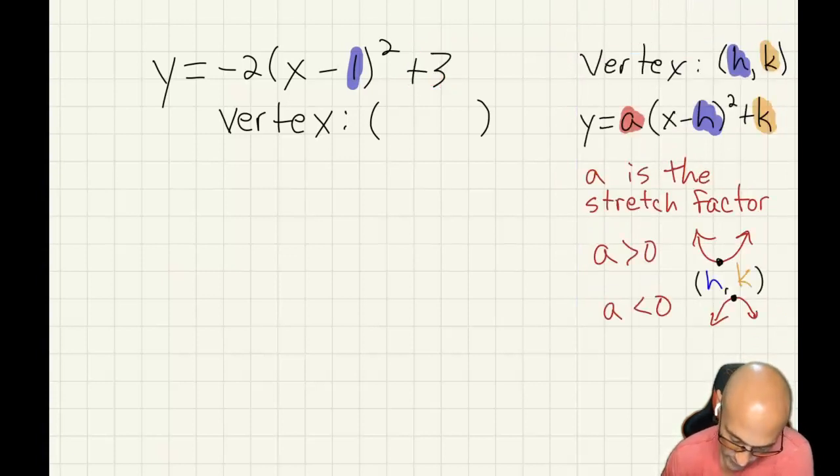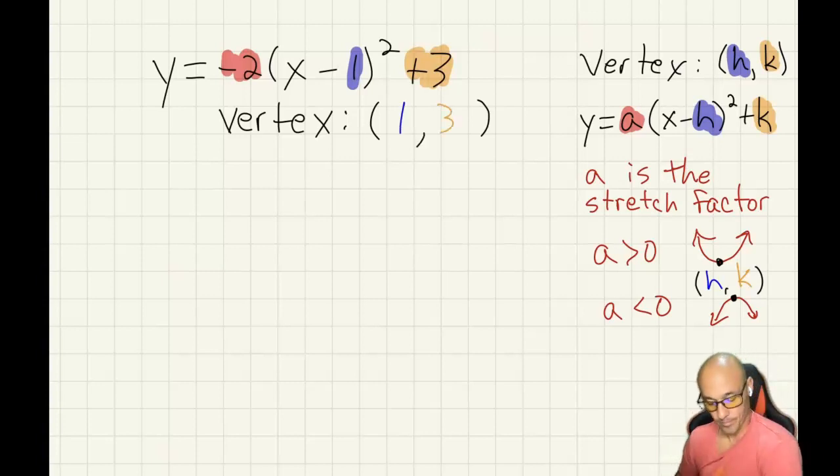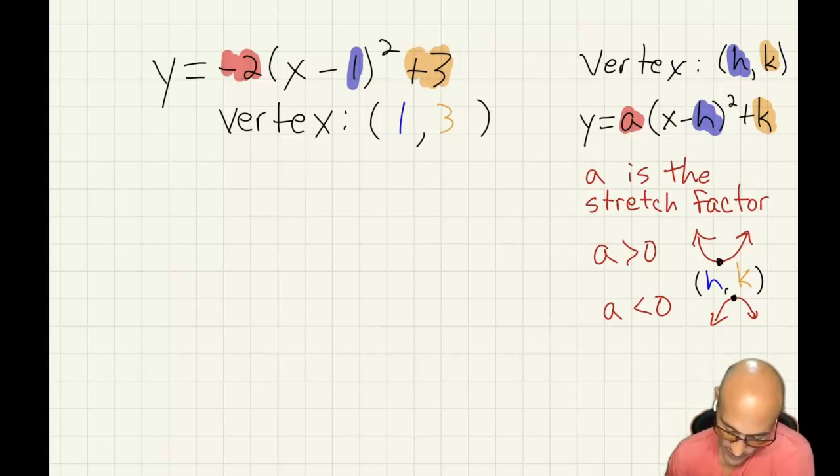It should be orange. Well, so the vertex is just 1, 3. Yeah, good. All right, and the A value there is -2.